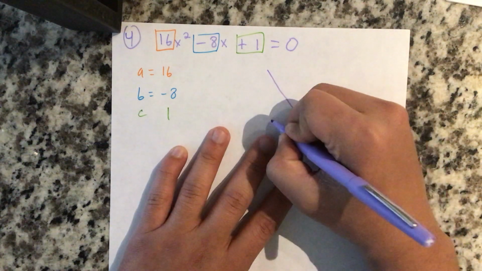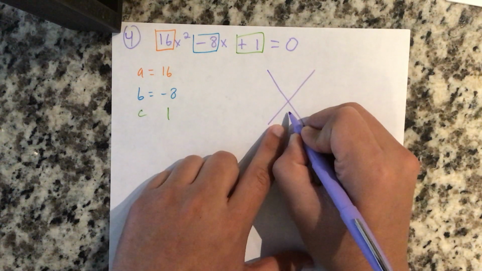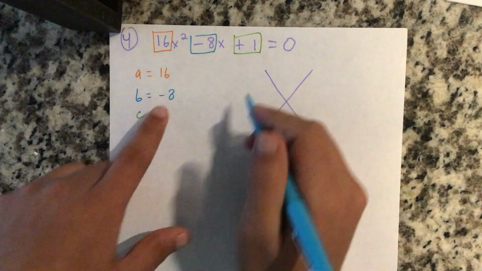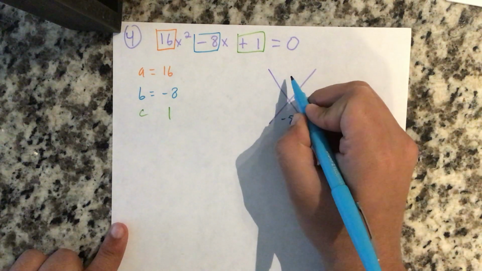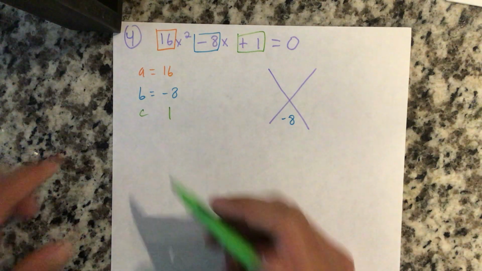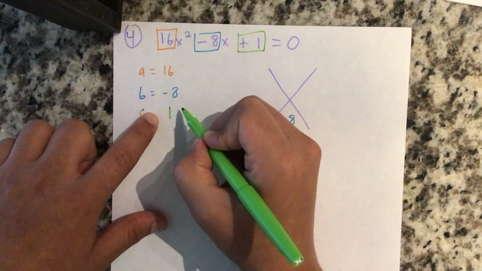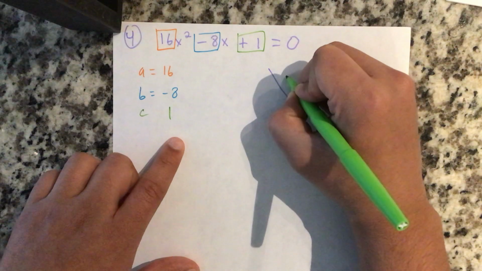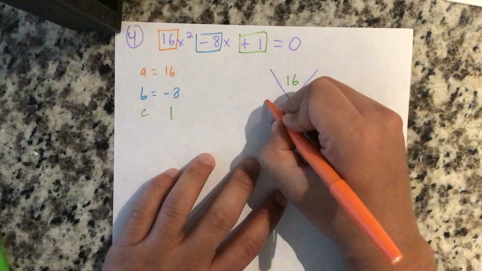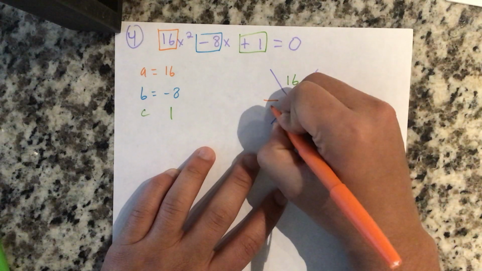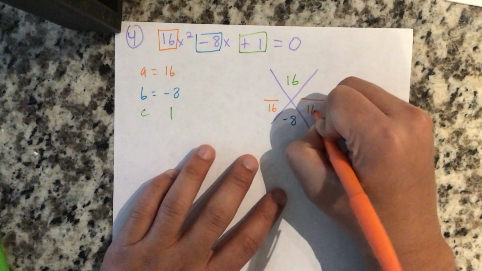Then we draw our X. At the bottom of the X goes the B value. So negative 8 goes here. On top of here is A times C. So 16 times 1 gives me 16, right? And then on both sides, fraction bar, 16 and 16.